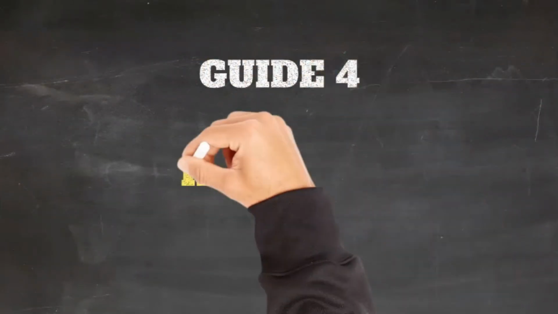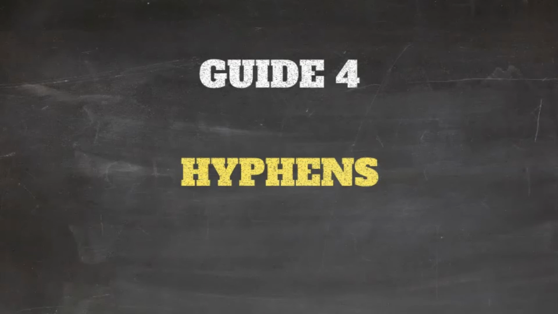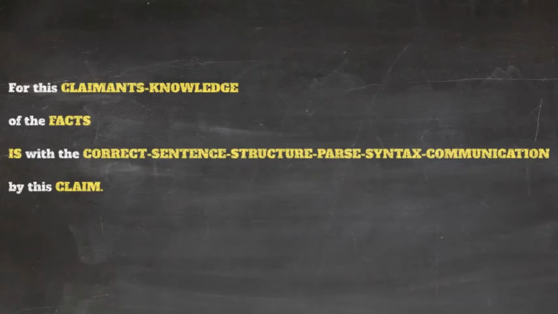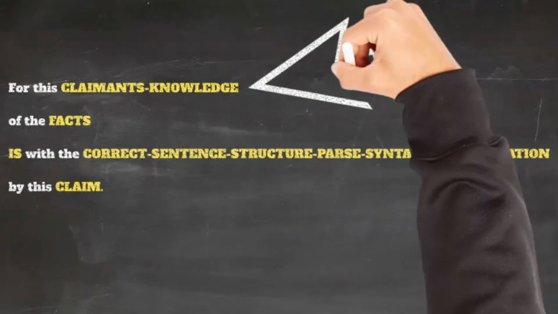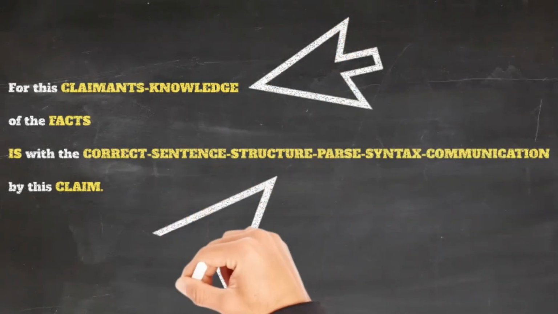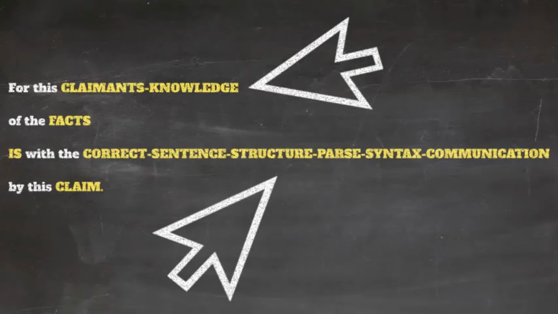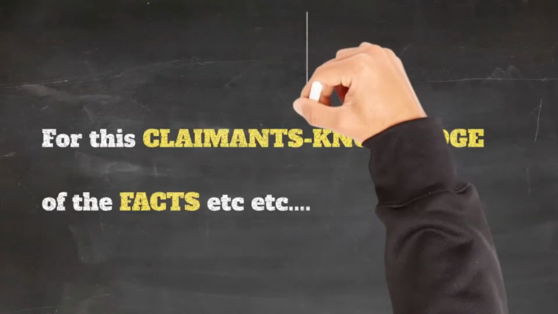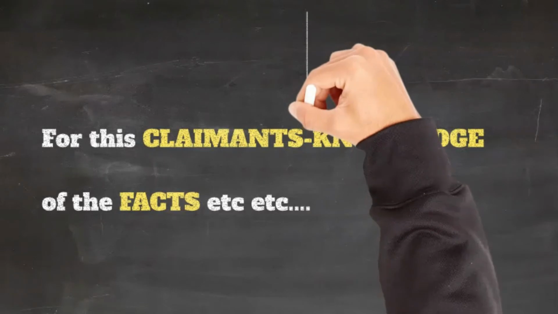Guide 4, hyphens. For this claimant's knowledge of the facts is with the correct sentence structure pass a syntax communications by this claim. With this sentence, you will notice I am using 2 or more fact-based words to convey my volition. This works because of hyphens. Hyphens are used to compound facts.